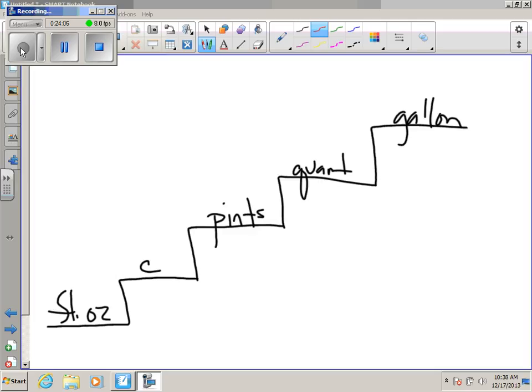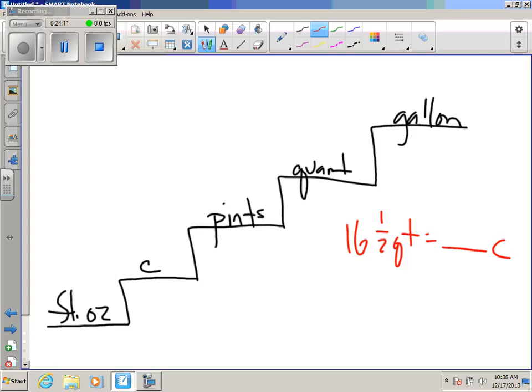16 and a half quarts equal how many cups? Quarts to pints. How many pints in a quart, Alex? 2. And I'm going down the staircase, so I'm going to multiply 16 and a half times 2.